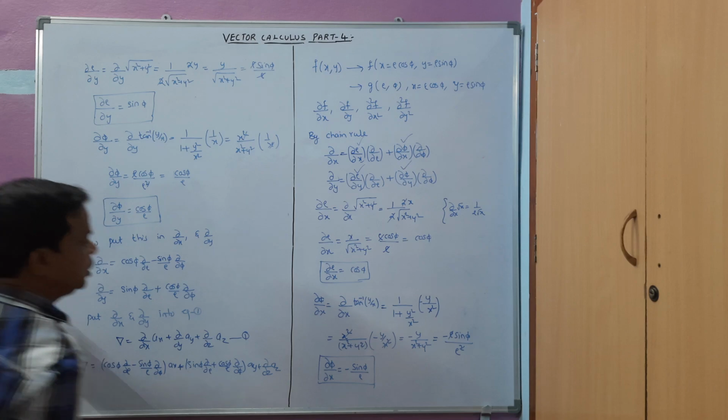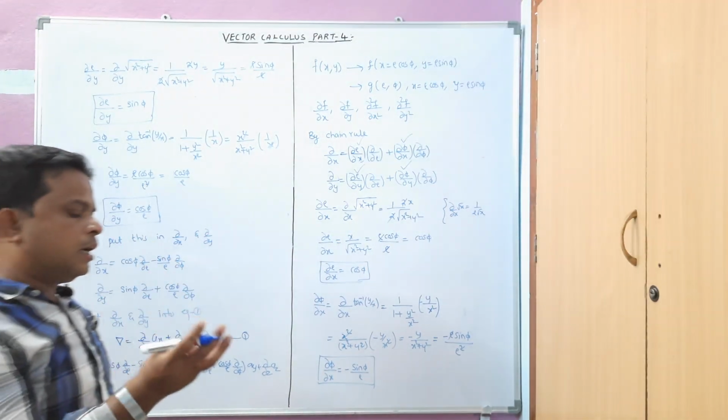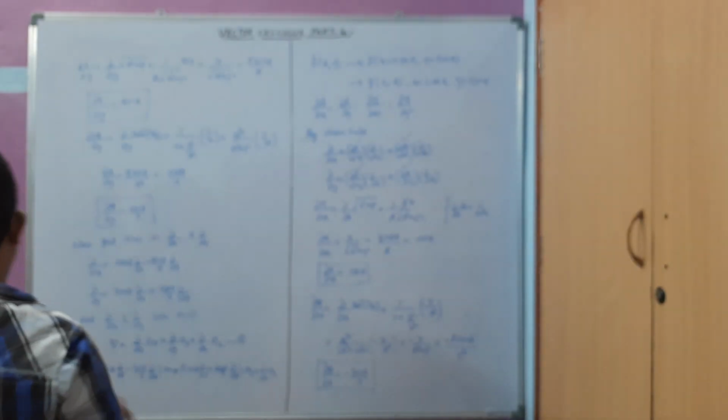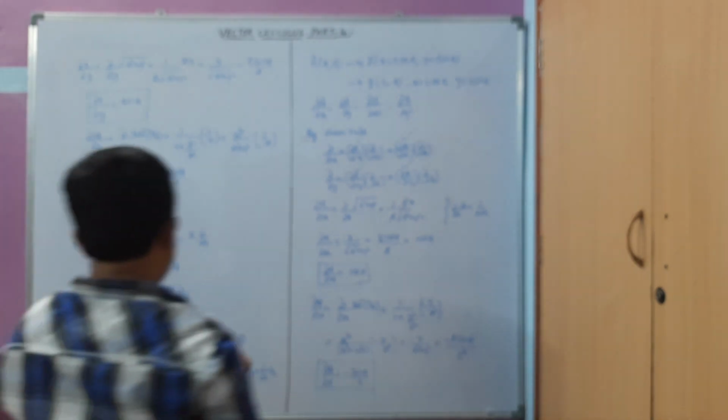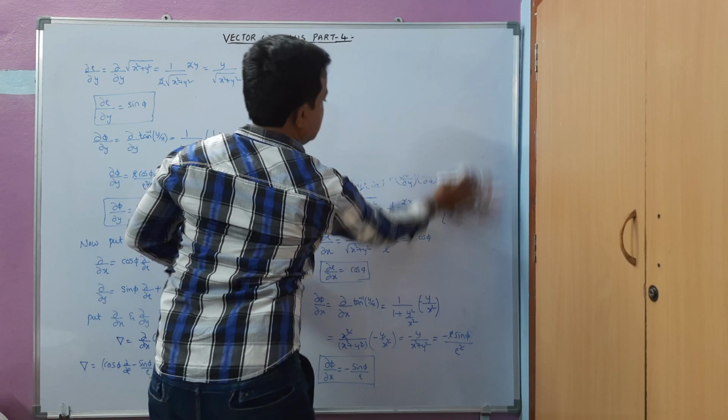That's why we are not going to alter this term, because in Cartesian coordinates and in cylindrical coordinates z is going to be the same. Okay, now let me erase this one and do the further derivation.